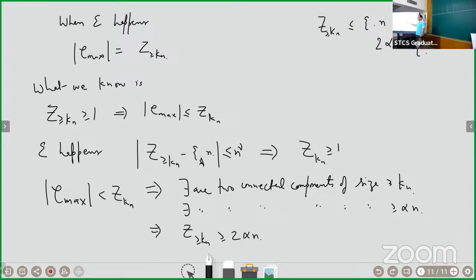So is this possible simultaneously, that this is greater than 2 alpha and this is less than 2 alpha, with only a very small fudge factor? Otherwise these two together are not possible. So if this is not possible, this is not possible, because this implies this. Since this is not possible, we end up getting that this in fact is the max, is equal to Z.